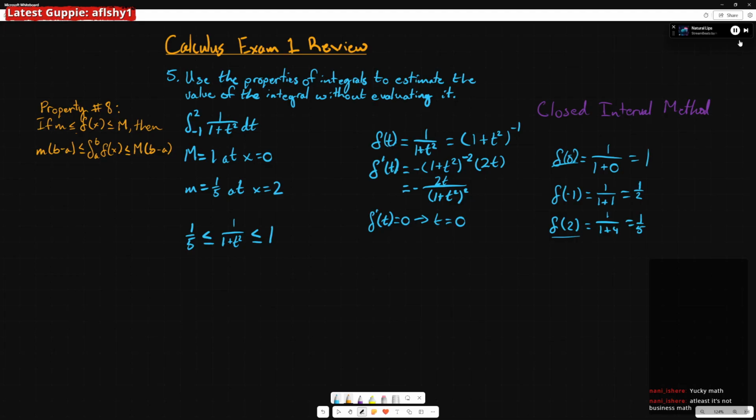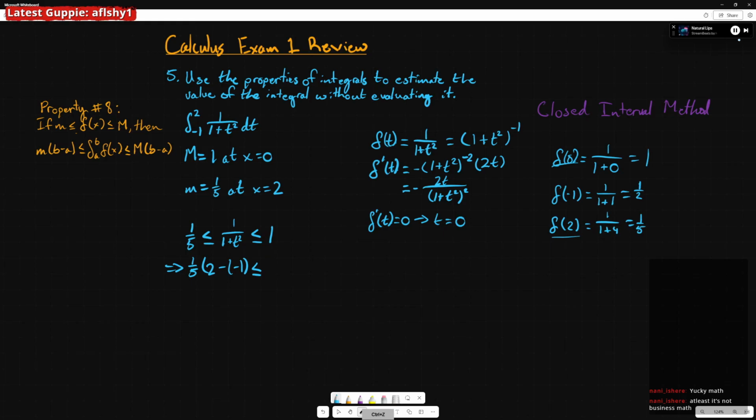So now we can apply that to here and say that this is going to convert to 1/5 times 2 minus -1 is less than or equal to the integral.